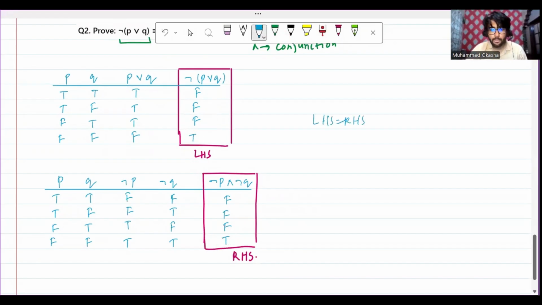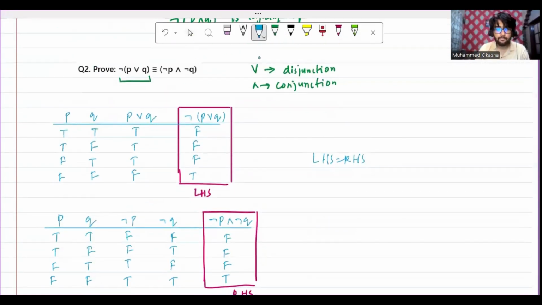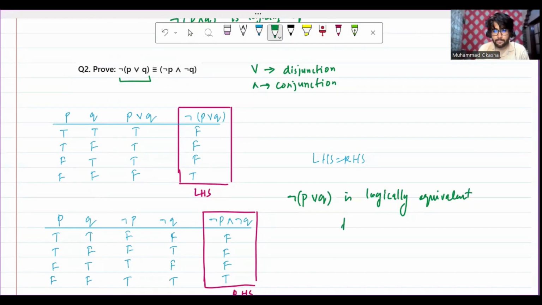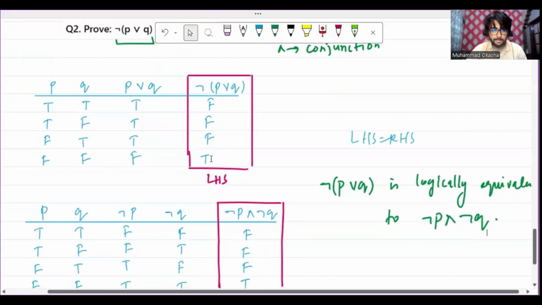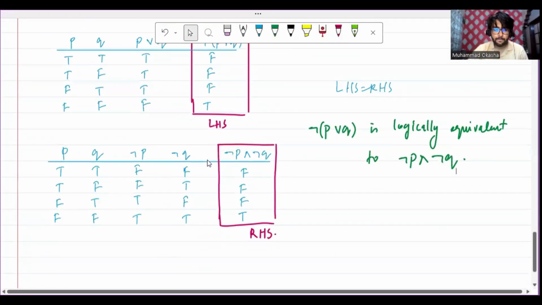So you can copy the statement from above, and you can say, well, negation of P disjunction Q is logically equivalent to negation P conjunction negation Q. I hope it makes sense. Great. Now, this one is done.